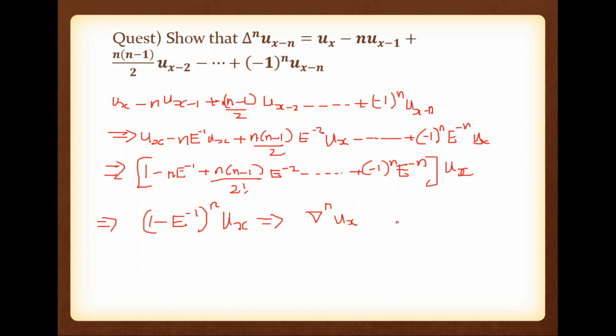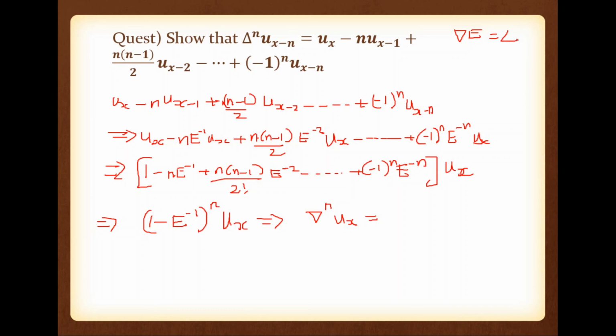Any problem here? Del raised to n u of x. What is del actually? With respect to delta, what is del? Del E is equal to delta. Please note, del E is equal to delta.